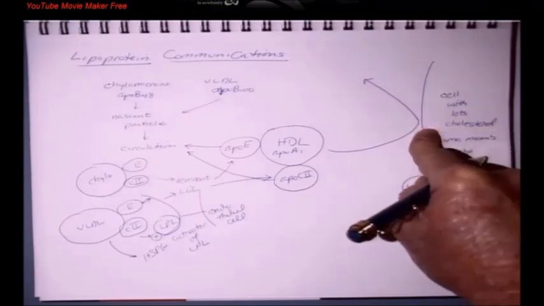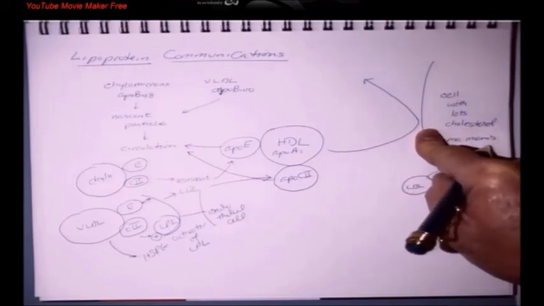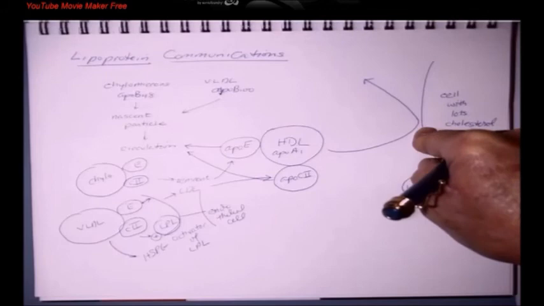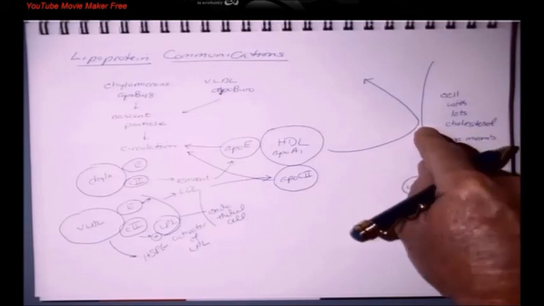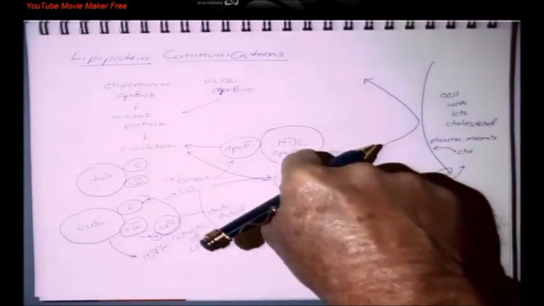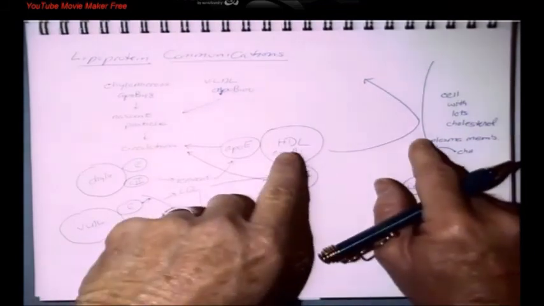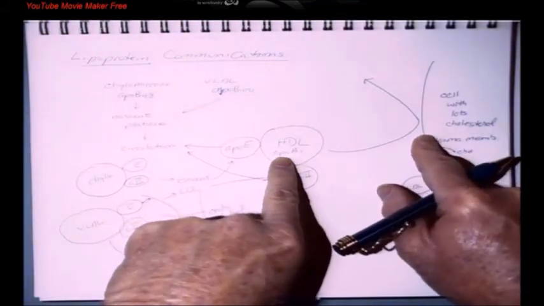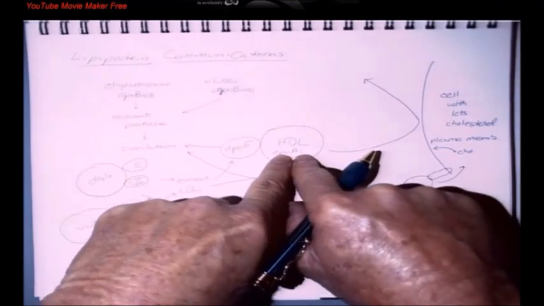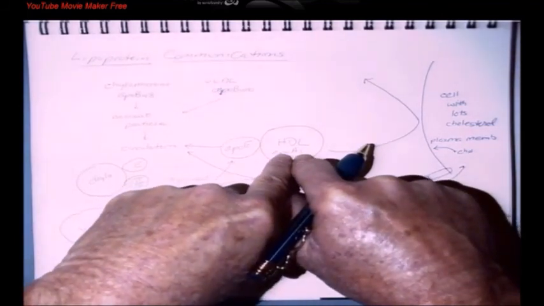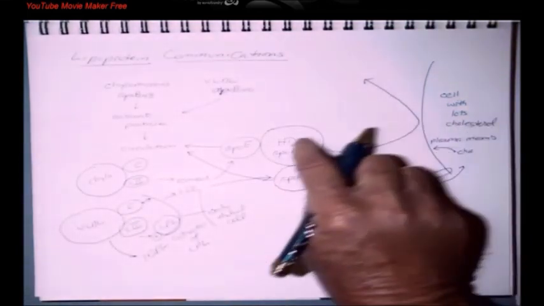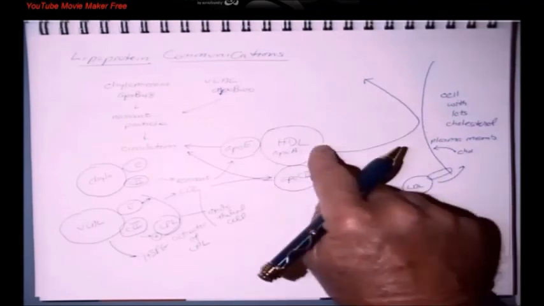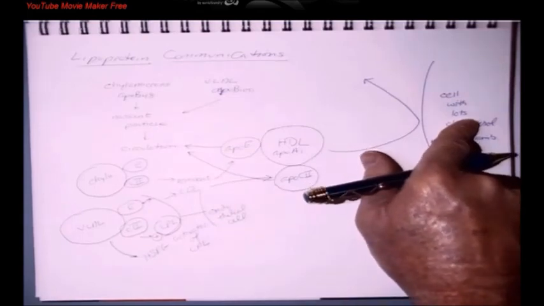So how do you yank this molecule out of its proper environment? Well, that takes energy. If you take it out of the plasma membrane of the cell and put it into the core of HDL, the energy that it takes to remove it from the cell is equivalent to the energy you're going to gain by putting it into the particle. So that means you have an equal energy, which means that this reaction is reversible. So the HDL could, theoretically, under these conditions, deliver cholesterol, the exact opposite of what you want to do.